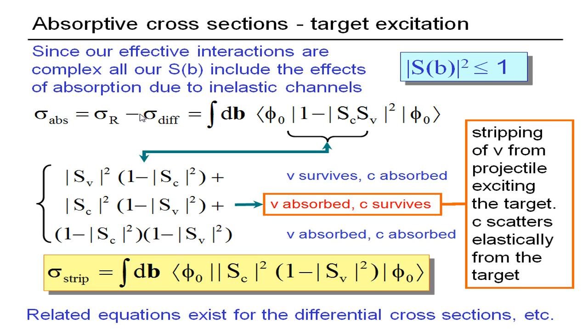So that second term there is the probability both the core and the valence particle emerge after the reaction. Agree? So 1 minus that quantity is the probability that either the core, the valence particle, or neither of them comes out the other side. It's the probability that an absorption has taken place and one or both of these don't come out.